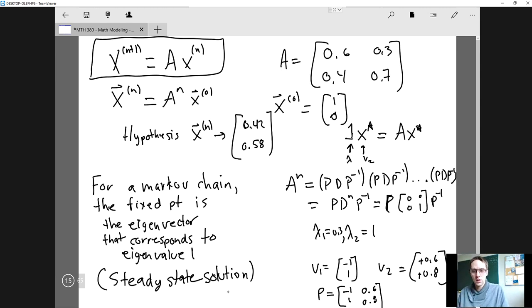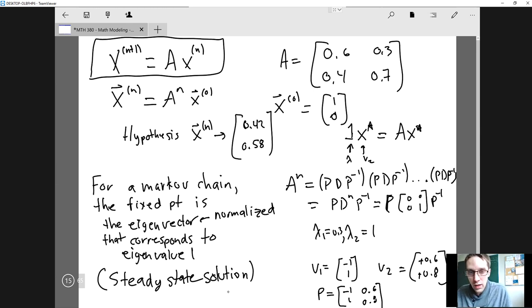Okay? So, you may be wondering, hey, wait a second. You said that the solution approaches 0.42, 0.58, or something roughly, but our eigenvector was 0.6, 0.8. Well, that's absolutely correct. So I should be a little more specific here. It's more than just the eigenvector. It is the normalized eigenvector, because eigenvectors can be multiplied by any scalar.